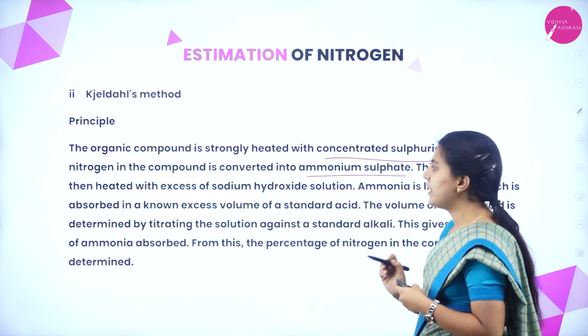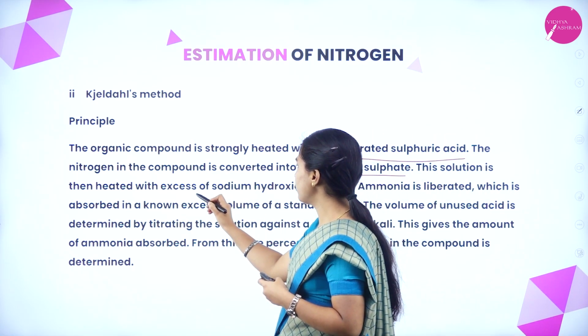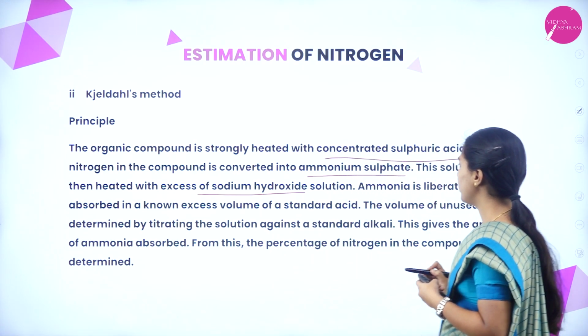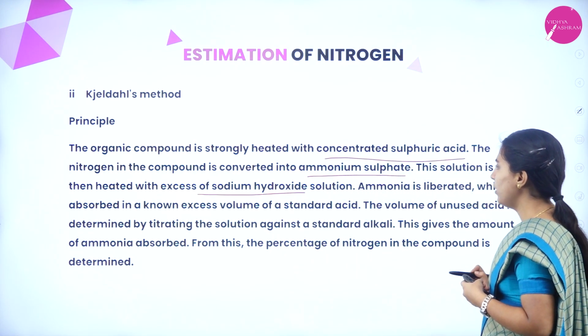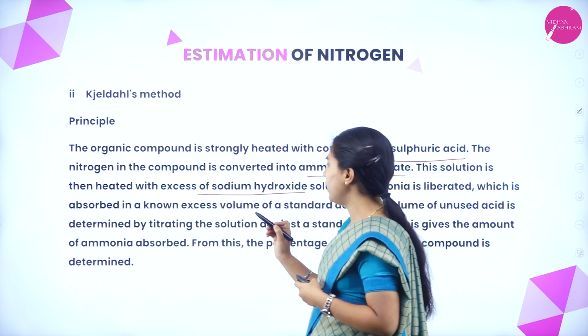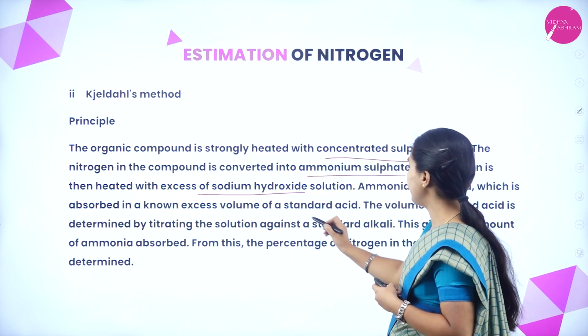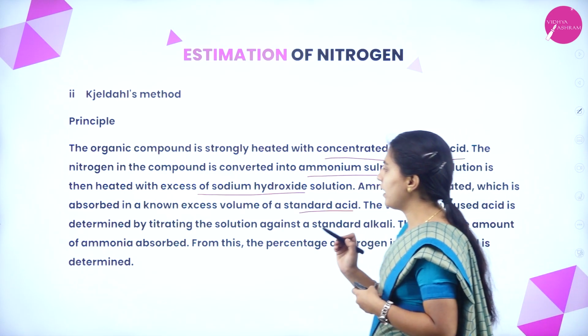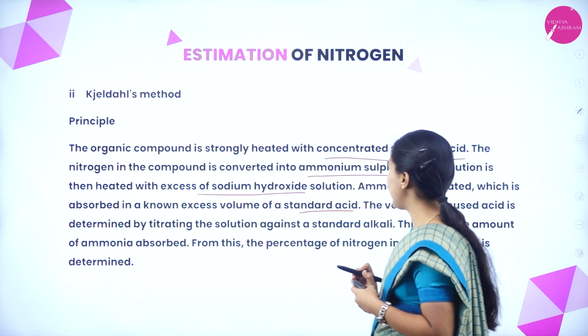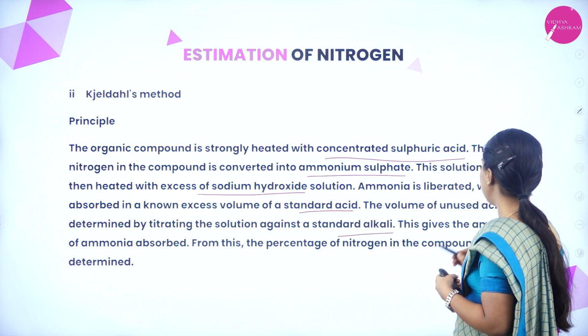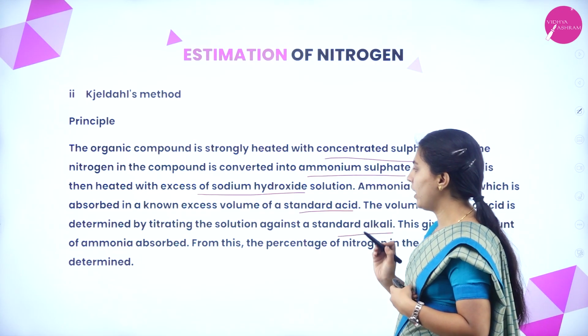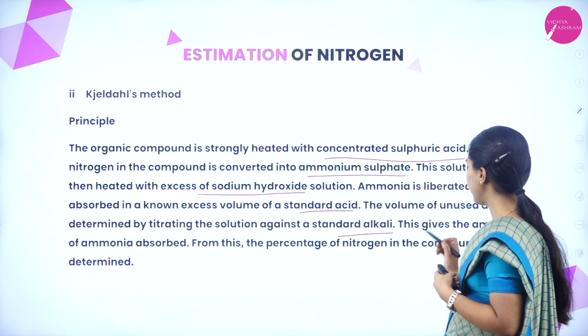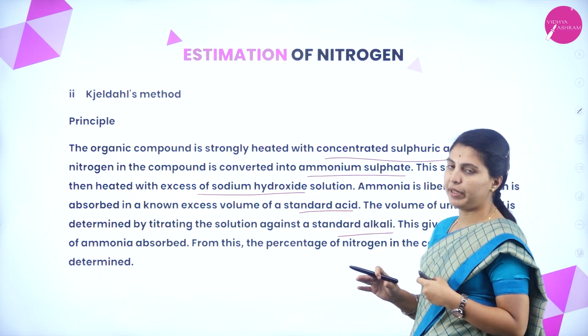This solution is then heated with excess of sodium hydroxide solution. Ammonia is liberated, which is absorbed in a known excess volume of standard acid. The volume of unused acid is determined by titrating the solution against a standard alkali. This gives the amount of ammonia absorbed. From this, the percentage of nitrogen in the compound is determined.